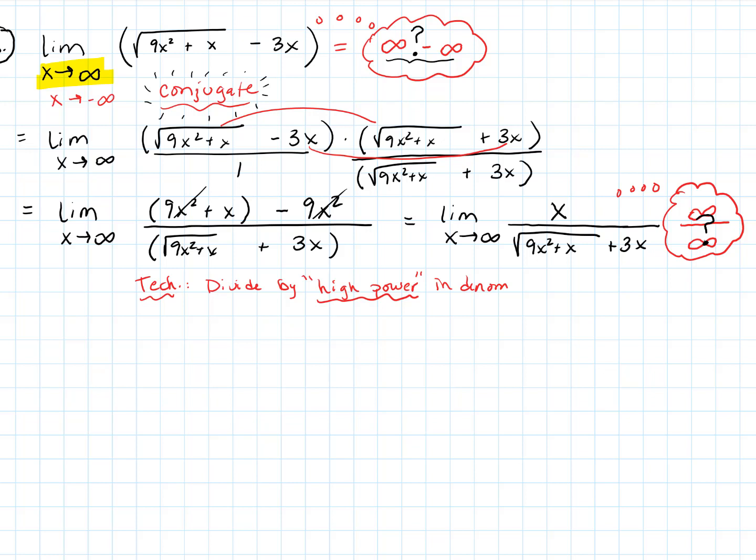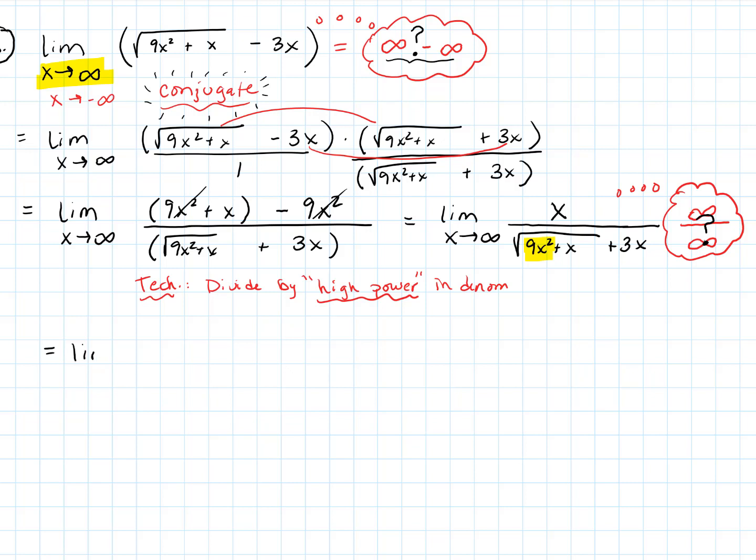I'm going to look at the bottom and ask, what is the highest power in the denominator? I see this x squared, and my eye might go to that, but remember that it is actually under a square root. When you take x squared and take the square root of it, you just get x. So the highest power in the denominator is actually just x.